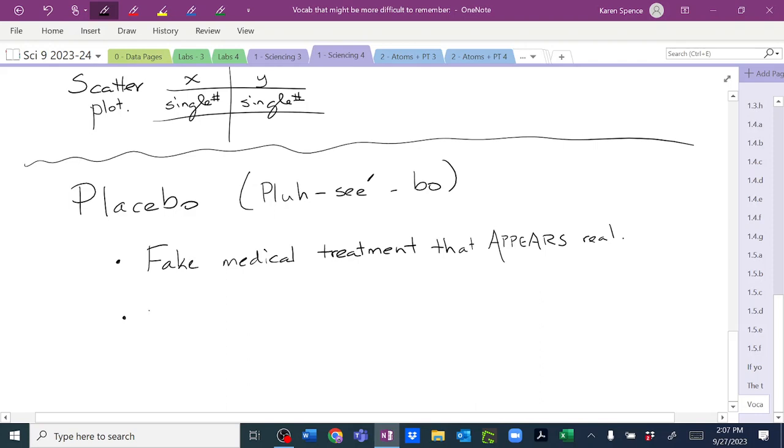You should also know the term placebo effect. Tell your partner what the placebo effect is.